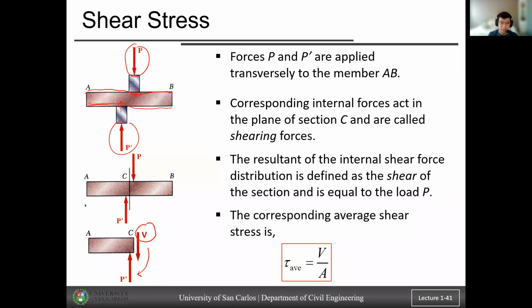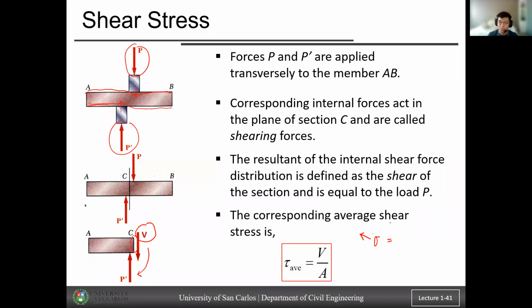But this time, once we cut at section C, the force is now parallel to the area, right? So your force slides with respect to the area of contact. In terms of formula, as you can see, the shearing stress is just equal to V over A. Again, as I mentioned before, there is only one general formula for stress, whether it's normal stress, shear stress, or tangential stress.